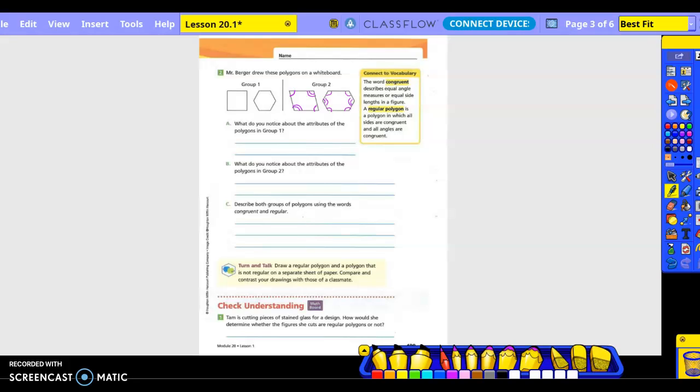All right, chapter understanding number 1. Tam is cutting pieces of stained glass for a design. How would she determine whether the figures she cuts are regular polygons or not? So regular polygons, we said what? They have all the sides and angles are congruent.